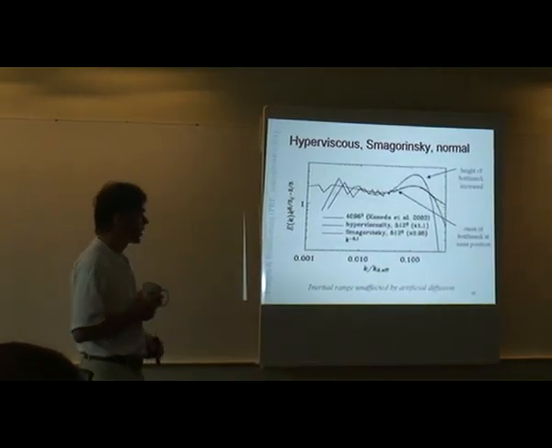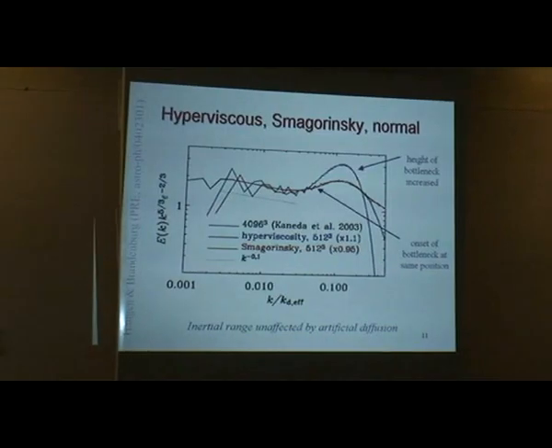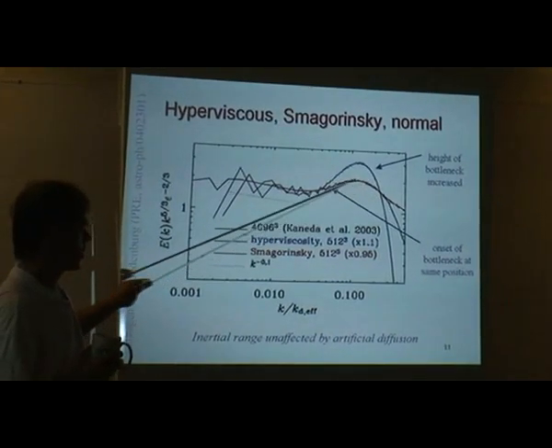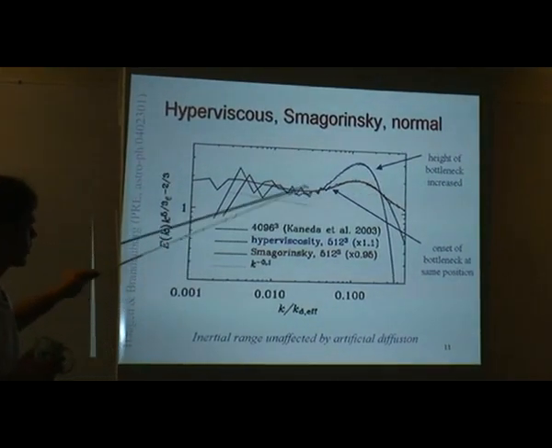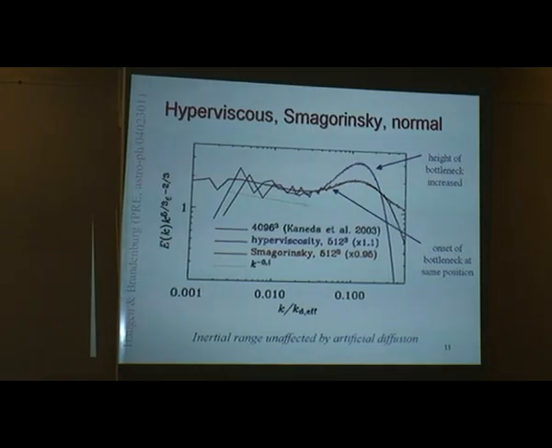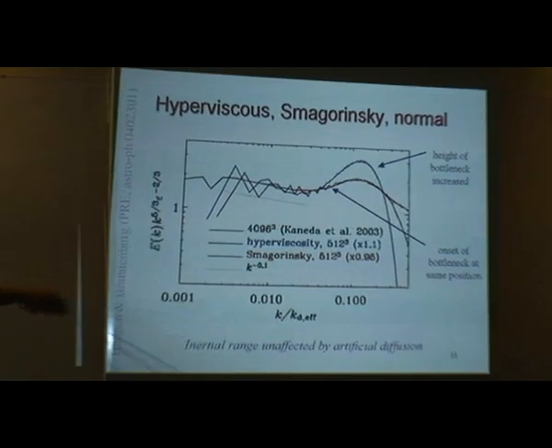One of the surprises that really is now firm is the fact that there is a bottleneck in turbulence. This was unclear at moderate resolutions and is now extremely clear since the 4096 cubed simulation of Kaneda in 2003 for pure hydroturbulence.